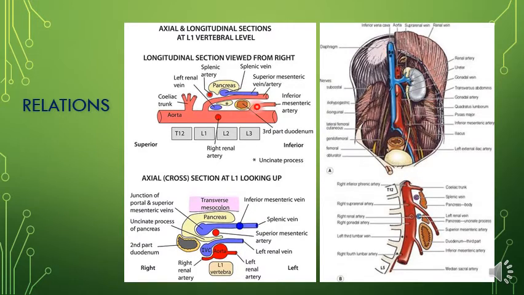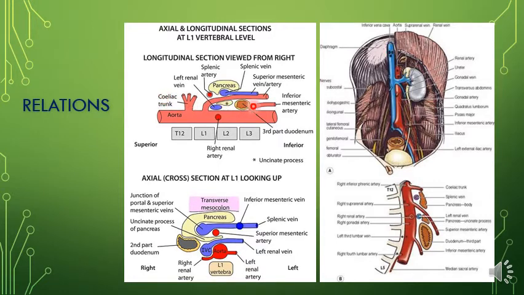And then next one will be the origin of the inferior mesenteric artery. This is the inferior mesenteric artery, and it is crossed by the third part of the duodenum here.